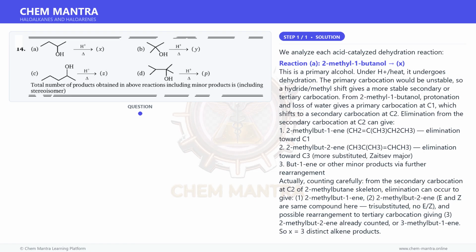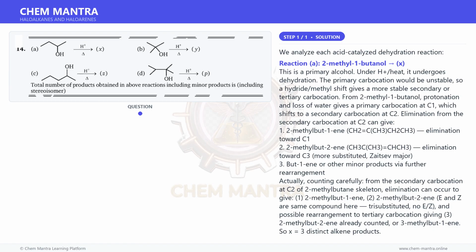Elimination from the secondary carbocation at C2 can give 2-methyl-but-1-ene, CH2=C(CH3)CH2CH3, by elimination toward C1, and 2-methyl-but-2-ene, CH3C(CH3)=CH3, by elimination toward C3, the more substituted Zaitsev major product, or 3-methyl-but-1-ene or other minor products via further rearrangement.